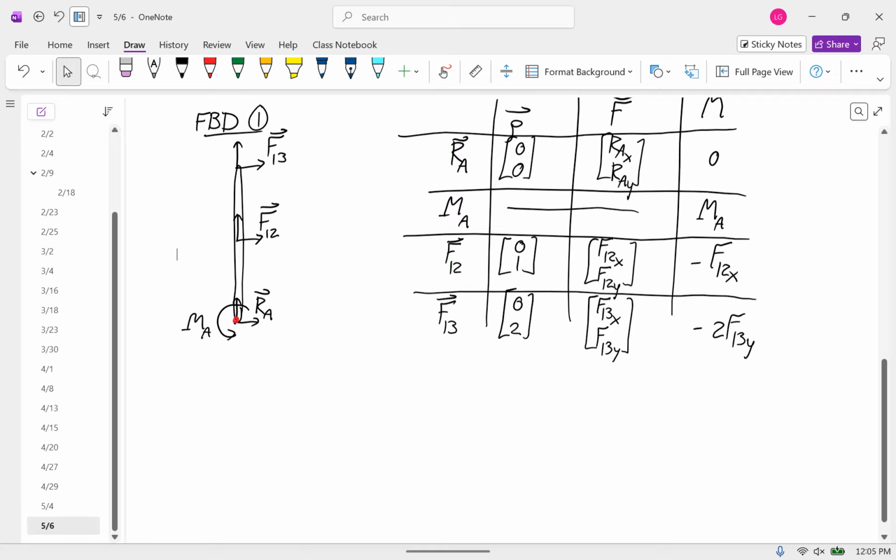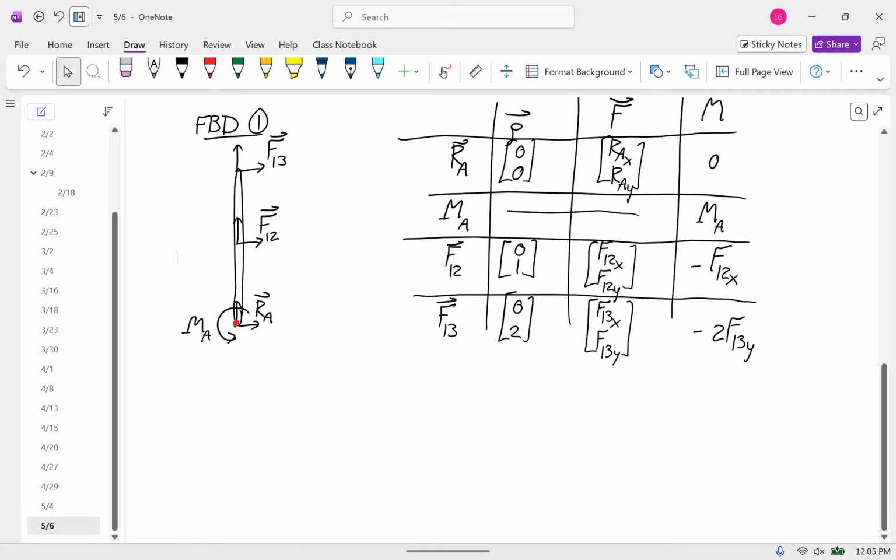Now I can add up all the force vectors in the table and set it equal to 0 for Newton's second law. And I can add up all the couples, all the moments, and set them equal to 0. That's the rotational version of Newton's second law, the moment equation.